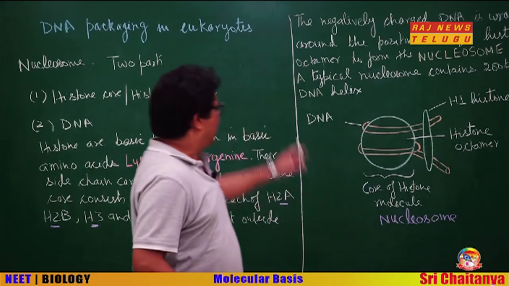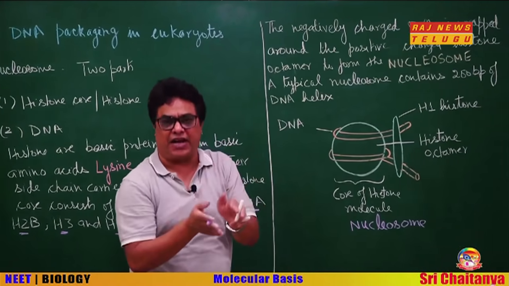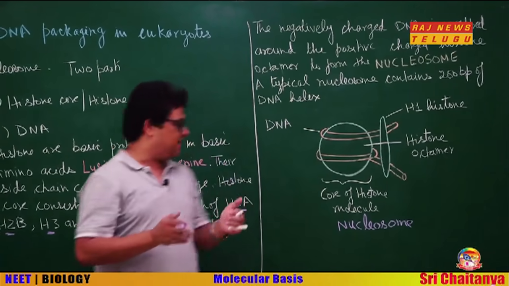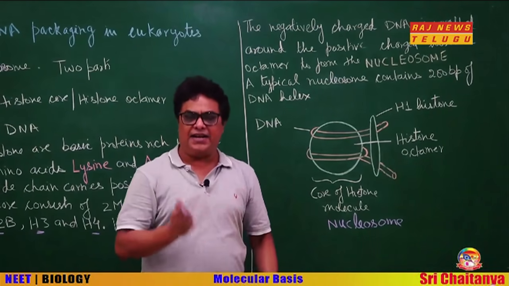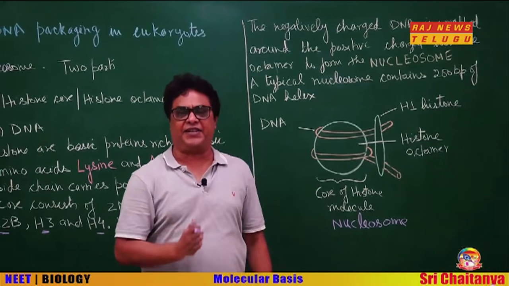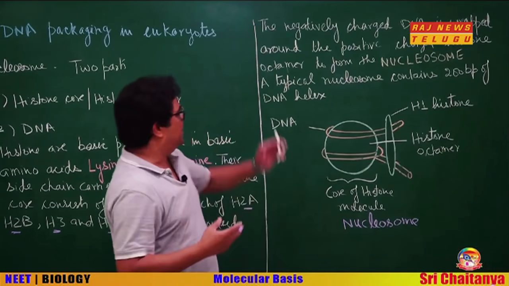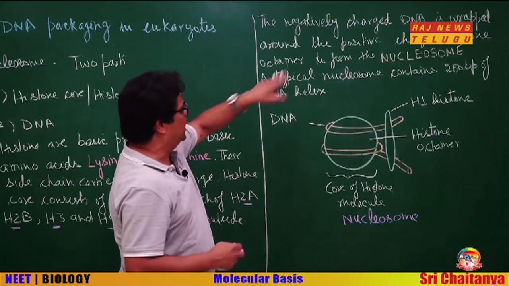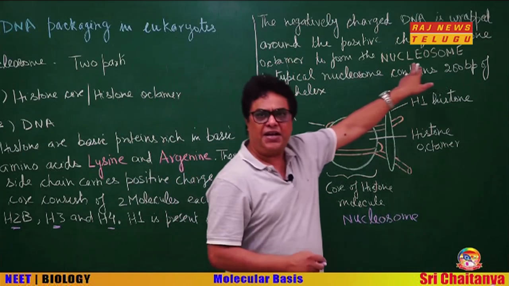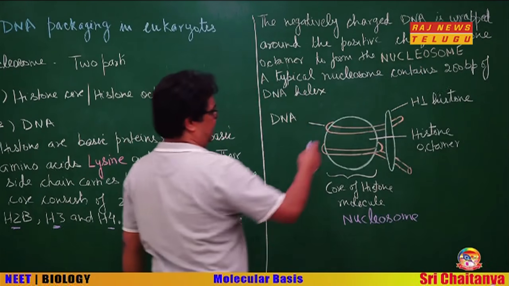Now, around this histone core DNA is wrapped, and how is it so tightly held? The amino acids have positive charge, and DNA, due to its phosphate groups, has negative charge. Due to this opposite charge, the DNA is very strongly held, wrapped around the histone core to form the structure called the nucleosome.